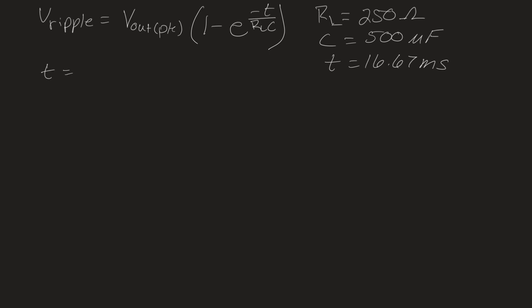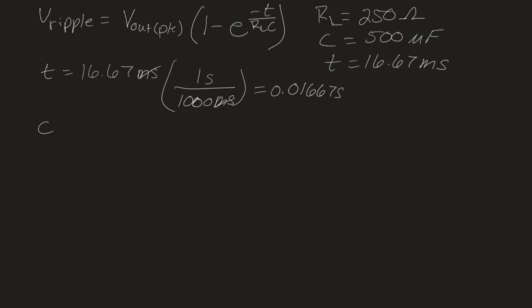T is equal to 16.67 milliseconds. Let's convert that. 1,000 milliseconds is equal to 1 second. So milliseconds will cancel out, and that gives us 0.01667 seconds.